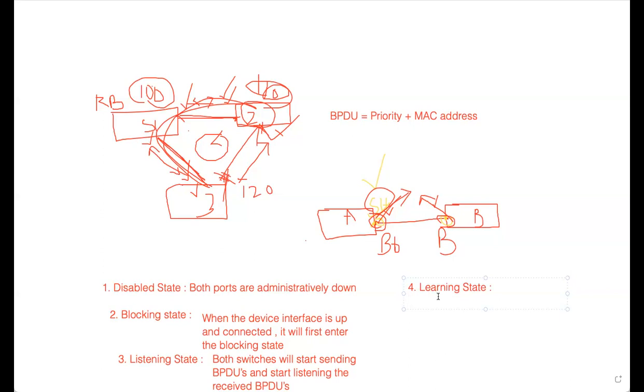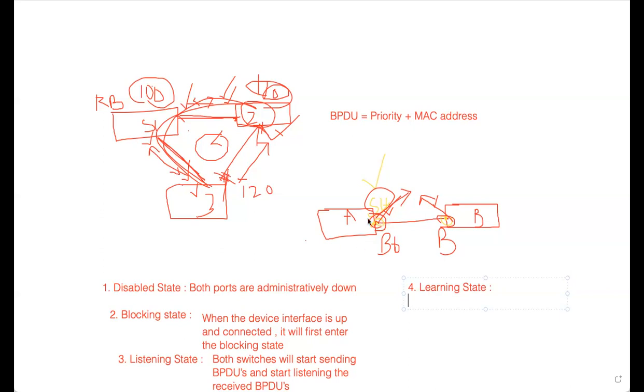So in the learning state, the switches will receive the BPDU with a superior, and it will start sending its own BPDU, and it will start listening from the superior.